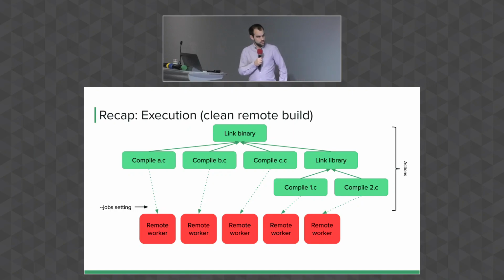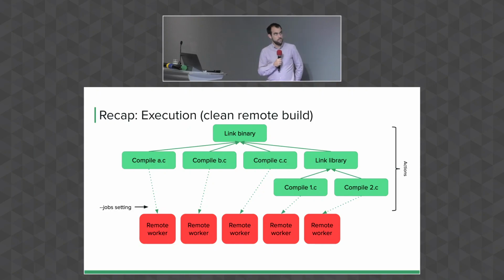You have all these different workers. Now we have 5 workers. We can run all the actions in parallel. So essentially, you can get the best possible clean build time. And here again, we have the jobs setting, which you would have to increase to take advantage of this parallelism.